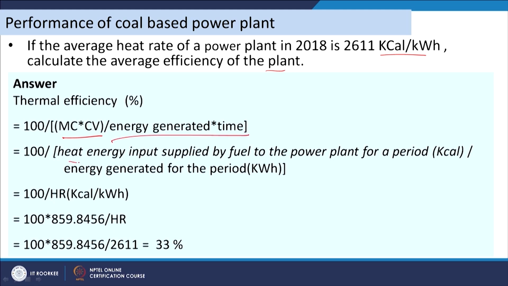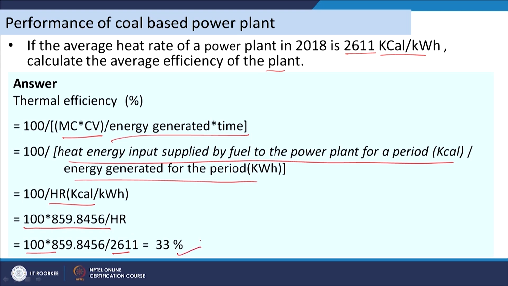So, 100 divided by heat energy input supplied by fuel to the power plant for a period by energy generated for the period. So, what is in our case? HR is given 2611 kilocalorie per kilowatt hour. We will be using this formula: 100 into 859.8456 divided by HR. So, 100 into 859.8456 divided by 2611 as given in the statement. So, it is coming to 33%.